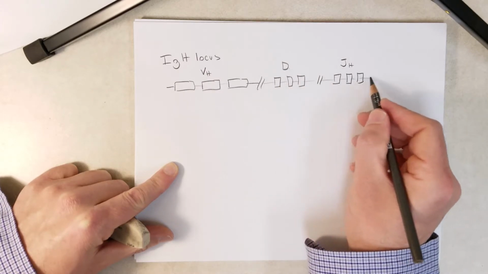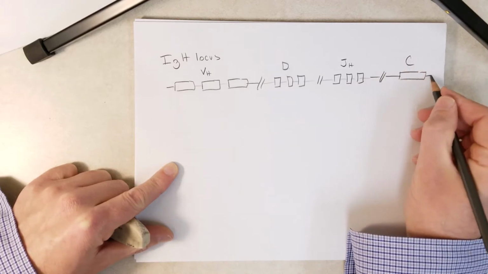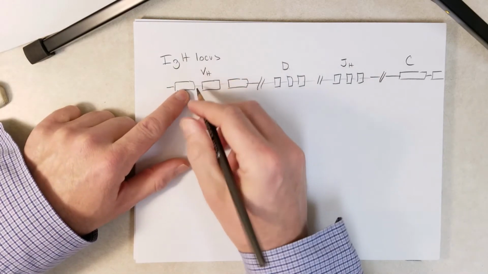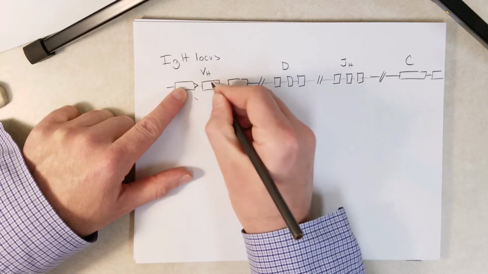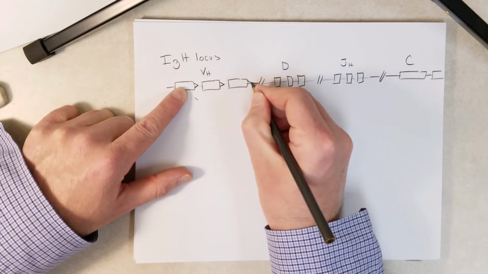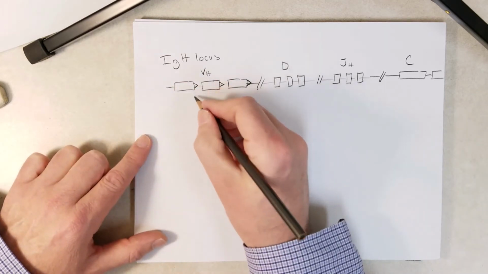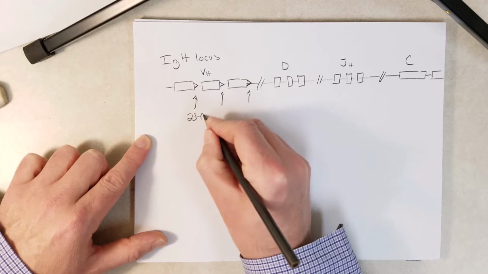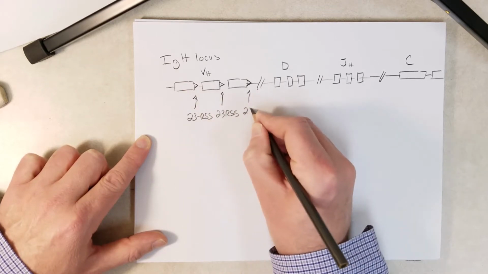Now at the IgH locus, each of the VH segments is going to be followed by a... I'm going to indicate the RSS sequences with a little arrow, or a triangle. Each of these is going to be a 23 RSS.